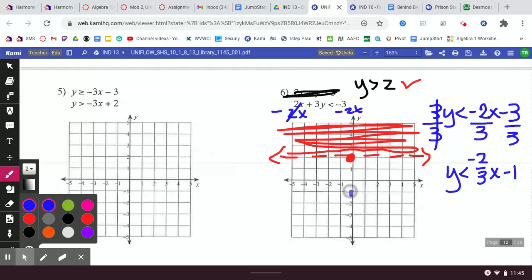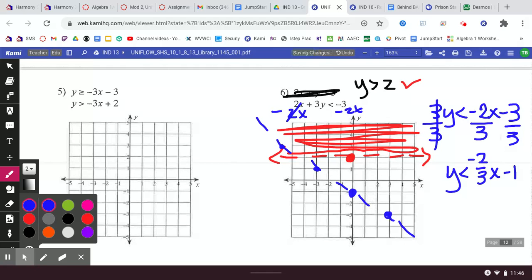So I come down here to this negative 1. I put my first point. Now I'm going to go down 2 over 3, and I'm going away from the red, so I need to get toward the red. So I'm going to go the other way. I'm going to go up 2, back 3, up 2, back 3. That puts me about right there. All right, dashed or solid here? Yep, dashed.